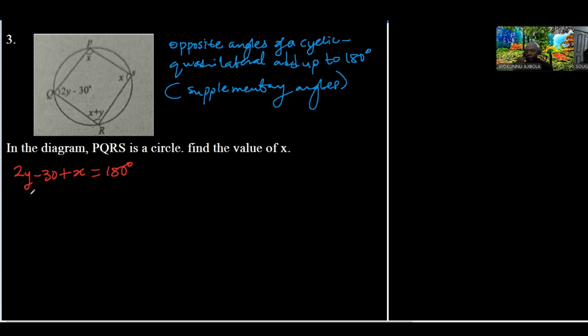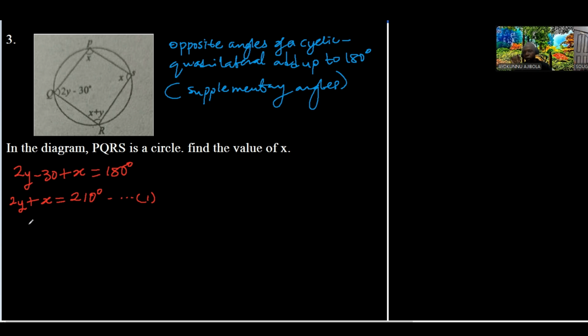Then from here I can say 2y plus x equals 180 plus 30, that is 210 degrees. This is equation 1.